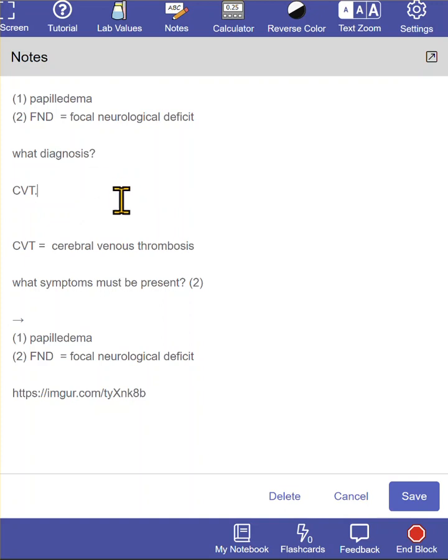So that's just something to keep in mind, because if you have papilledema, that suggests increased intracranial pressure. So why do you have increased intracranial pressure with a focal neurological deficit? Obviously there are other causes, but you can think about the cause being cerebral venous thrombosis.